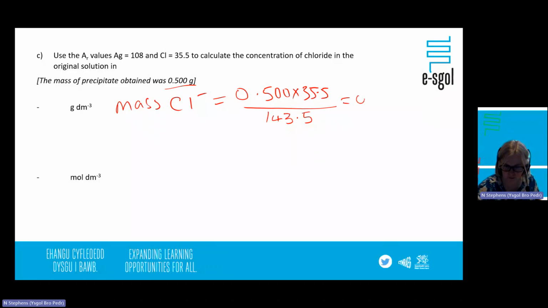Gives you an answer then of 0.124 grams. Well, that's how much chloride there was in the 25 centimeter cubed sample, of course.